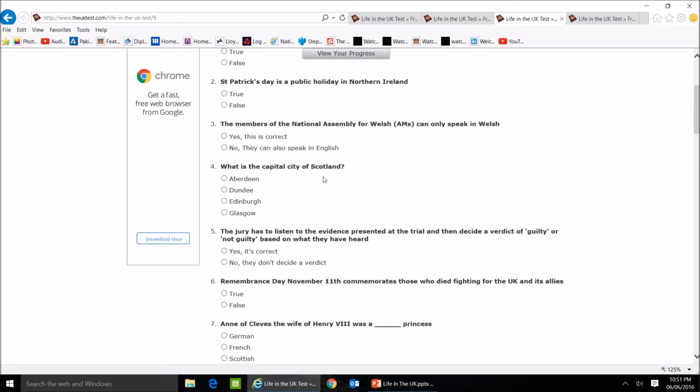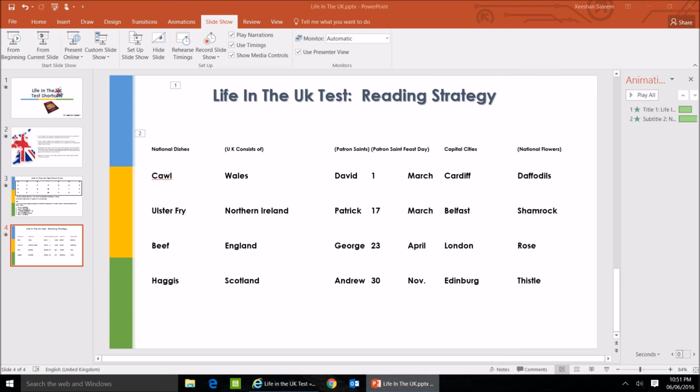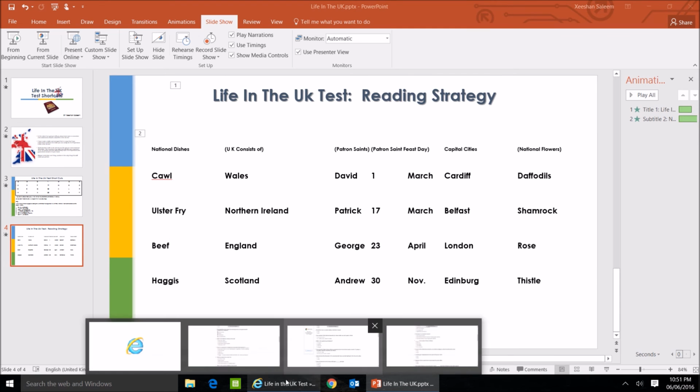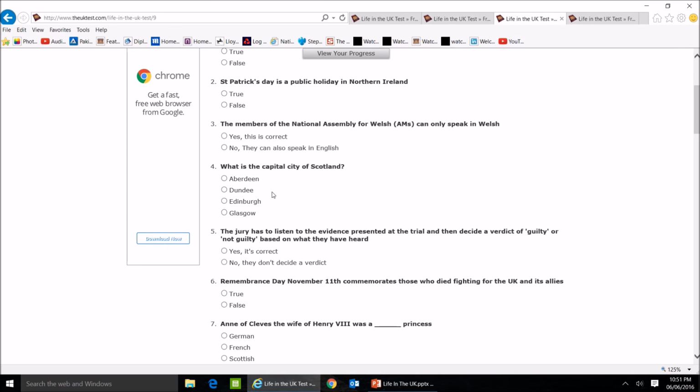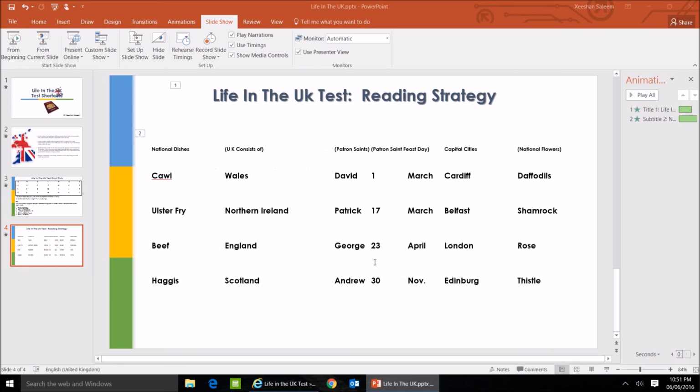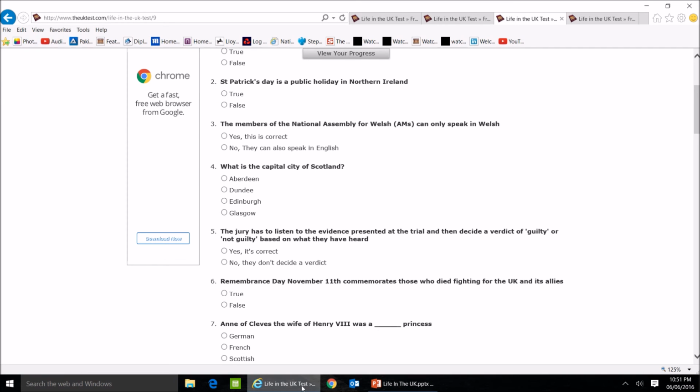Okay, what is the capital city of Scotland? Some people sometimes get confused about which one it is: Aberdeen, Edinburgh, Glasgow, Dundee. So again, go to the same word we memorized, which was Vanessa, which is W. If you remember, after Vanessa we have cube, CUBH, and then we have cable, CBLE, which tells about the capital city.